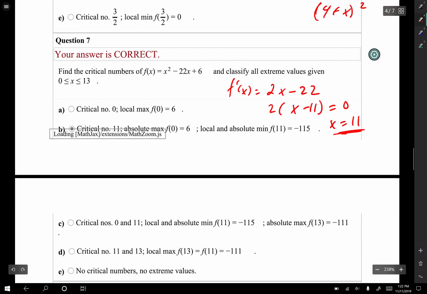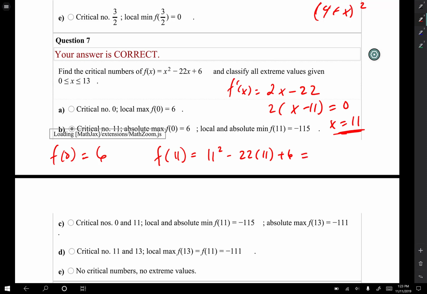So what I'm going to do is see what f of 0 is, and f of 0 is 6. I'm going to see what f of 11 is. So I plug in 11. 11 squared minus 22 times 11 plus 6, and I just calculated it earlier. I get negative 115.